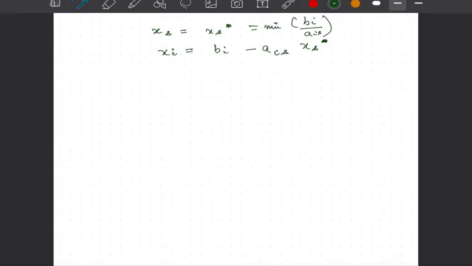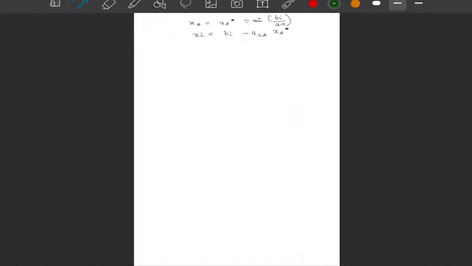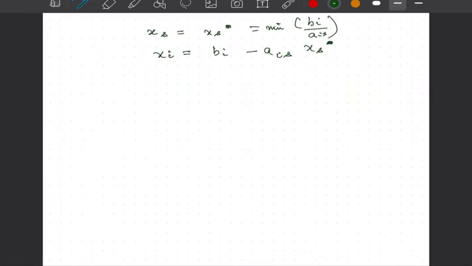Other variables would get changed by b_i minus a_is x_s, because all these equations have to be satisfied now that x_s has entered the solution. So x1, x2, x3 up to x_m have to adjust their values, and for all those variables we would have the updated value. Our x_r would be equal to 0, where r runs from m plus 1 all the way to n, but r cannot be equal to s, because s has already entered our basic feasible solution now.